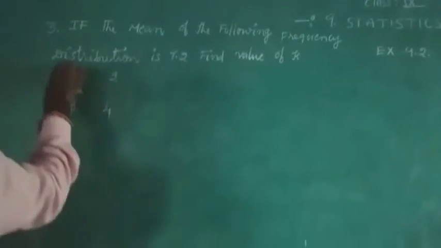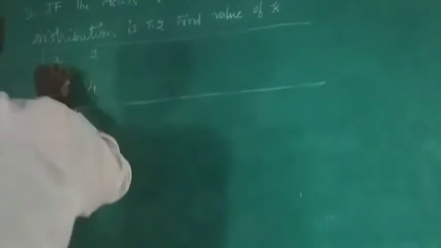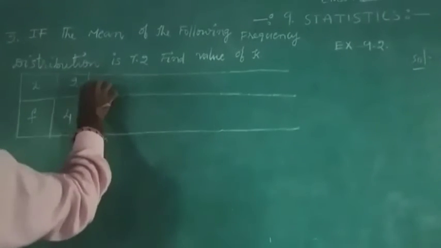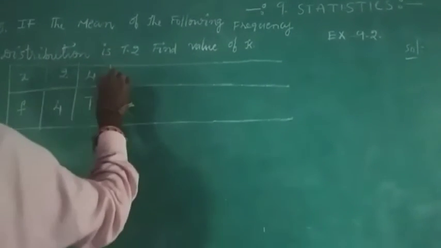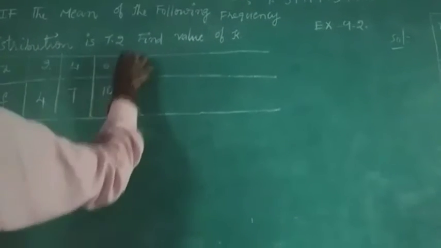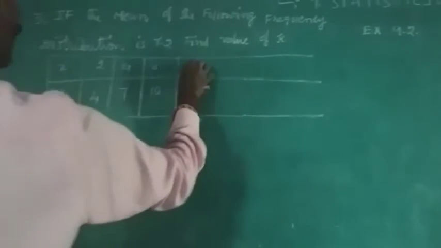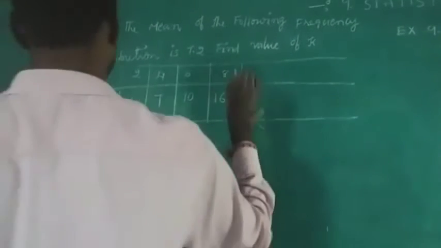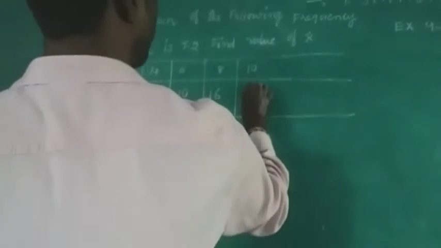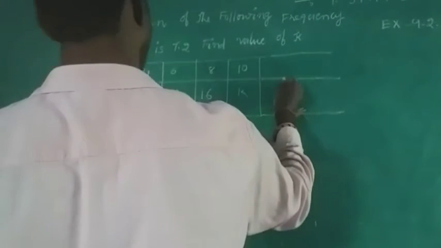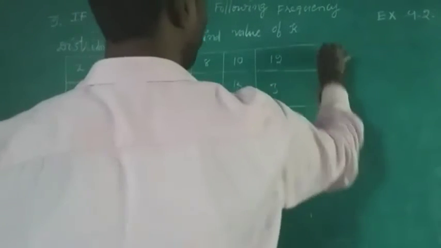The values of x are 2, 4, 6, 8, 10, 12, and the frequencies are 4, 7, 10, 16, 10k, 12, with a total of 30.